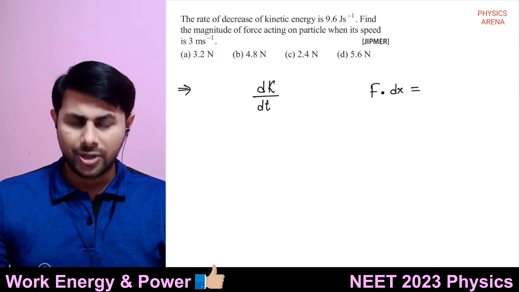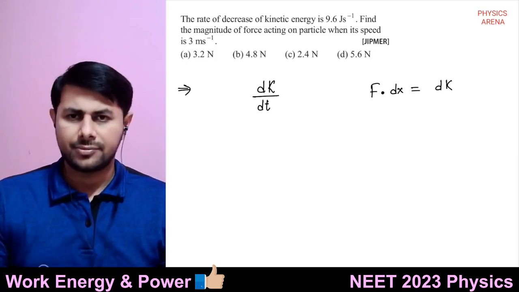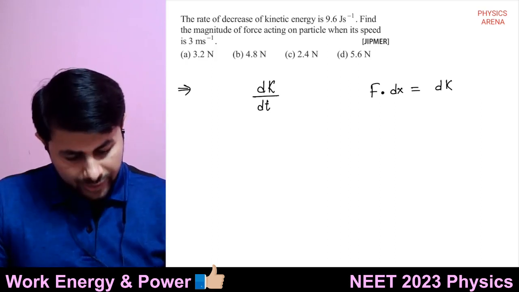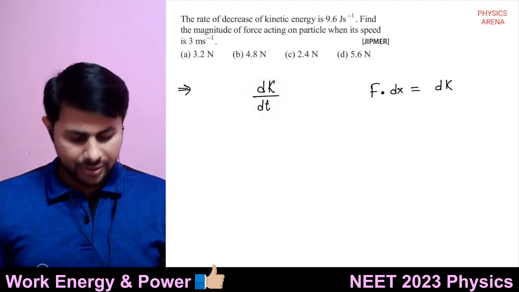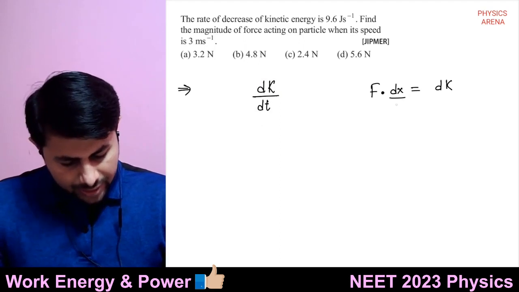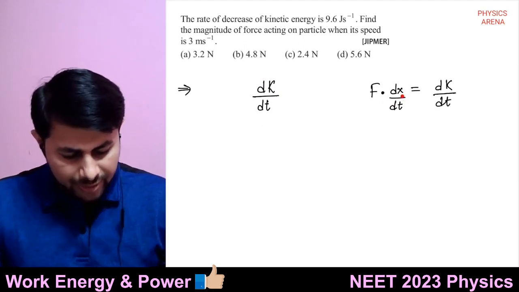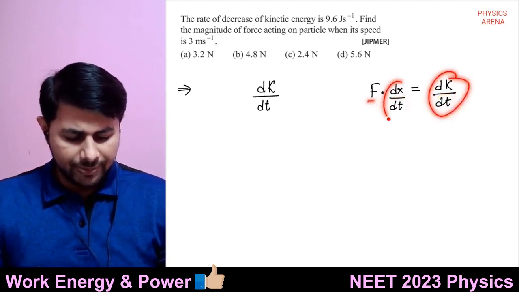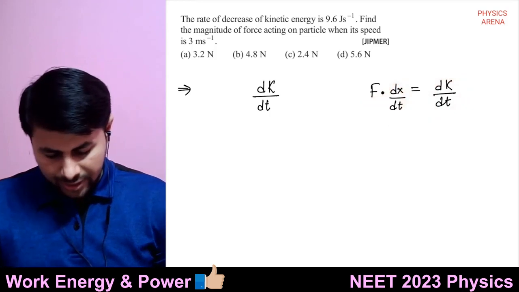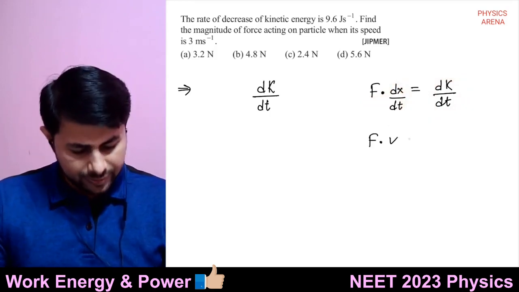So for small displacement, this is equal to dK. Then you are given dK by dt. Dividing by dt on both sides, dK by dt is F times dx by dt. And what is dx by dt? It is v.